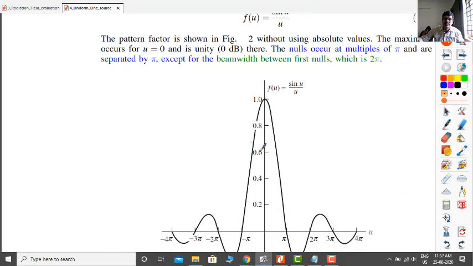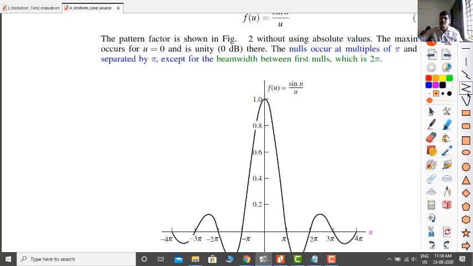So one is some point HP, another one will be in this form. The half power point should cross 0.474.